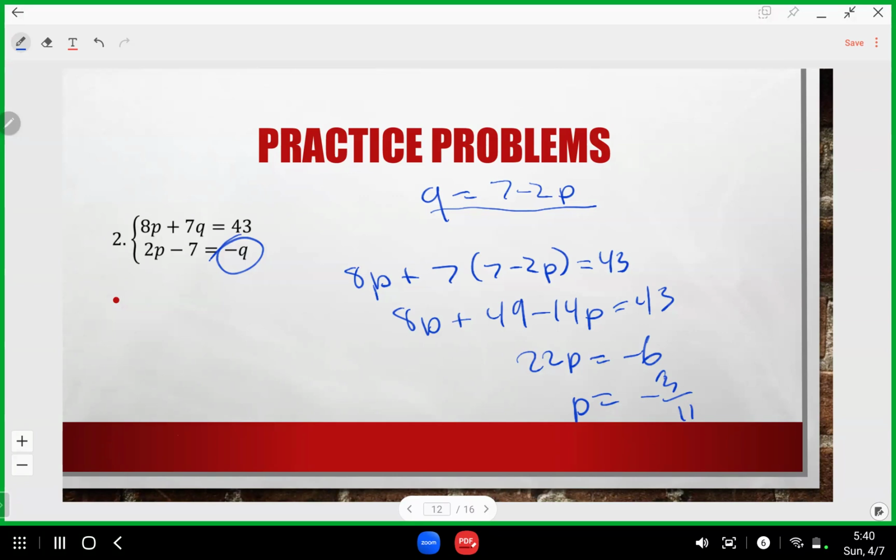Okay, let's see what's wrong here. Give me a second. Okay, so our answer should have been (1, 5). So how did I not get (1, 5) here?